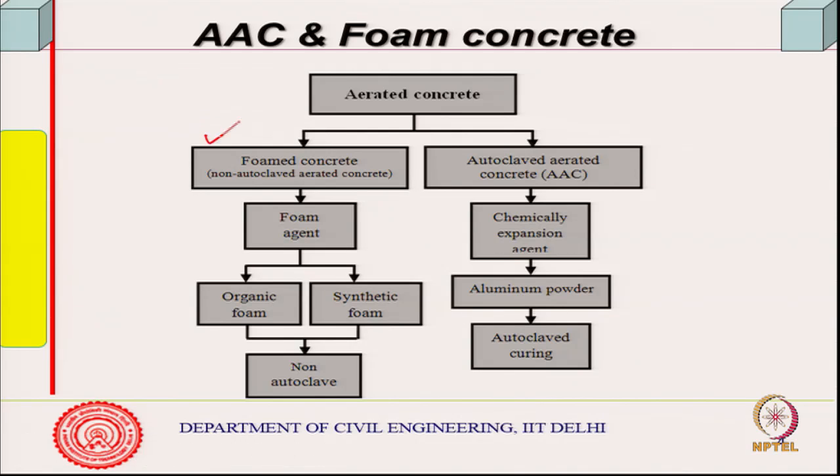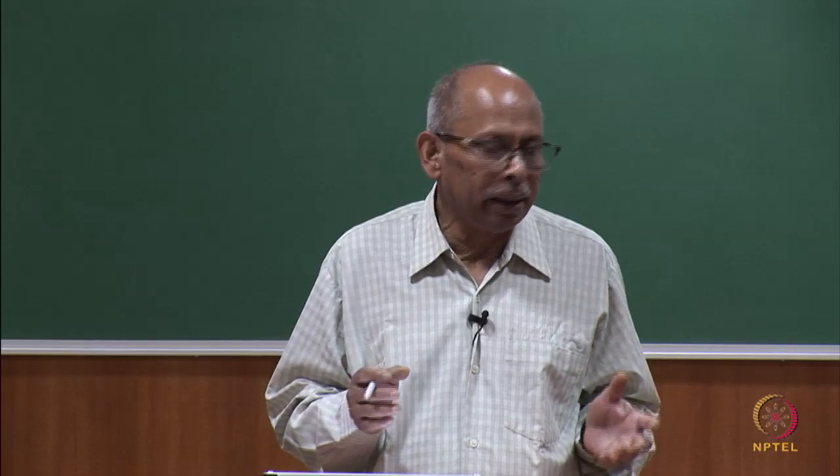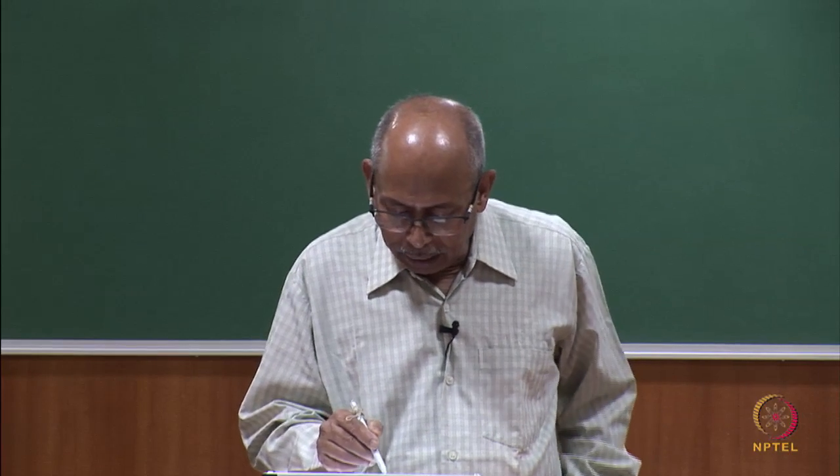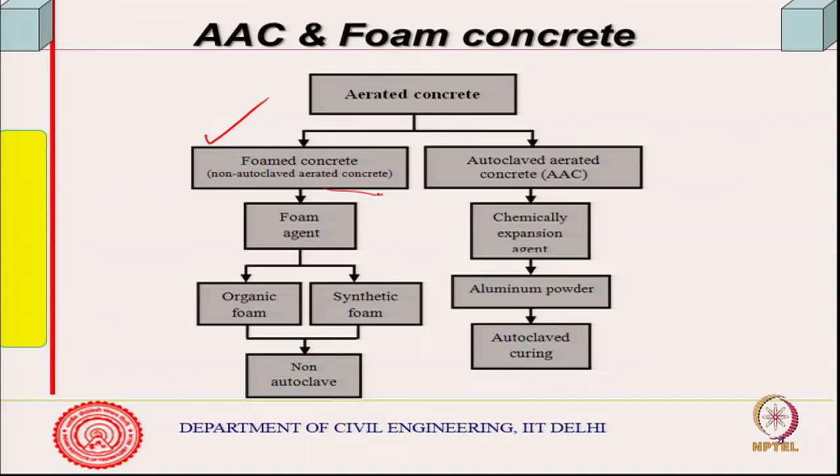The other variety is foamed concrete. Foamed concrete will have a foaming agent. So, you pass the foam into the concrete while making it in the green state, right. This is non autoclaved, and as a foaming agent you add some organic or synthetic foam, and that is how you get a lightweight concrete.